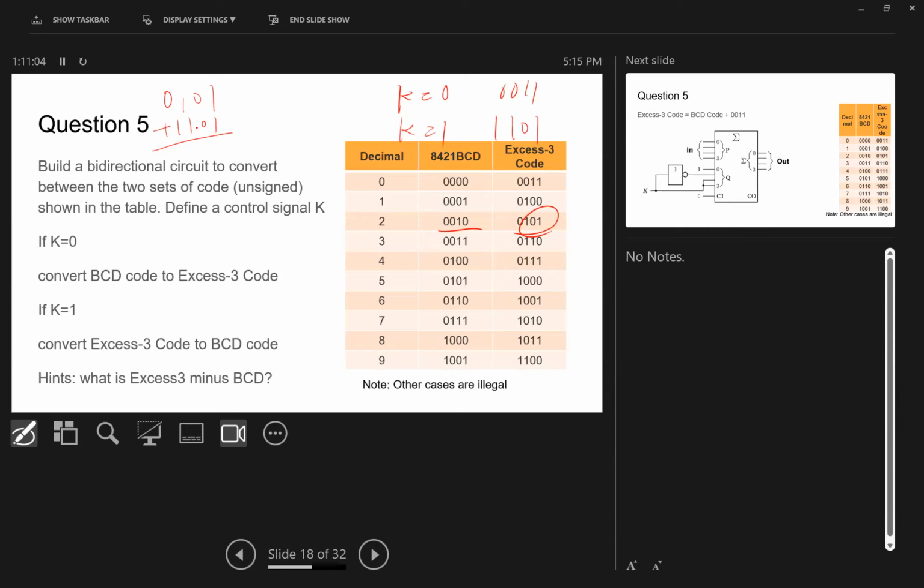So let's do the addition. 1 + 1 is equal to 0, and we will have a carry out signal, which means we will have a carry in signal at bit 1. Then 0 plus 0 plus 1 is equal to 1, and we have no carry out signal. And 1 plus 1 is equal to 0, and we have a carry out signal.